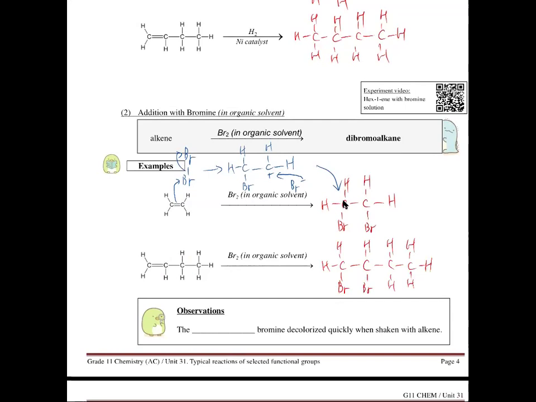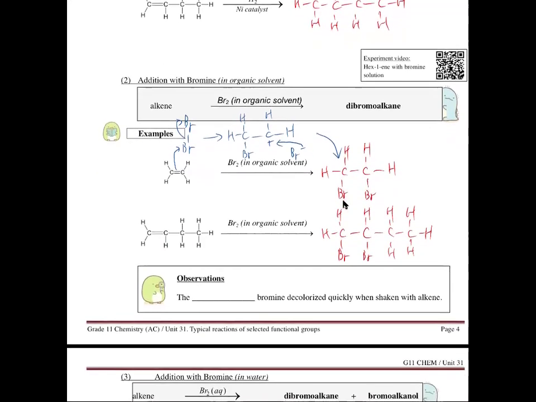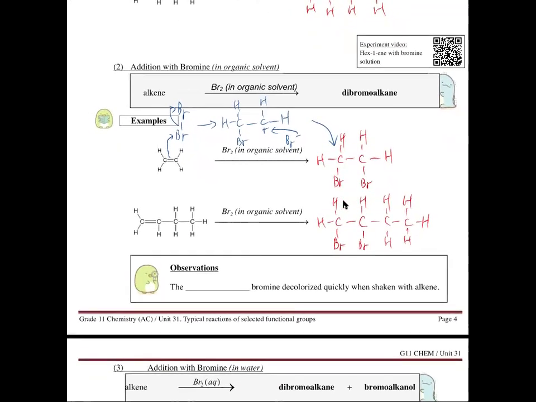So for this one, do you still remember the observation? If bromine is in organic solvent, what kind of color does it have?